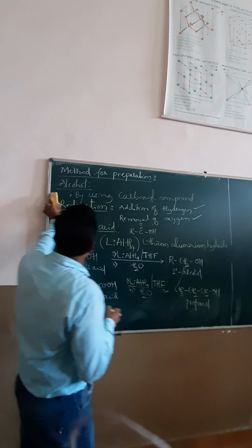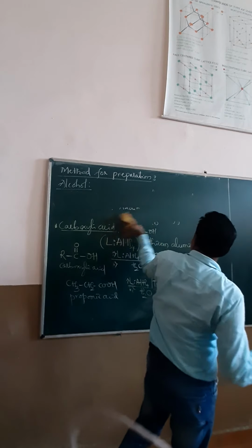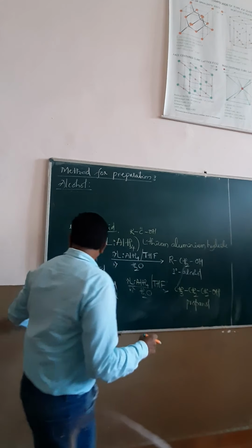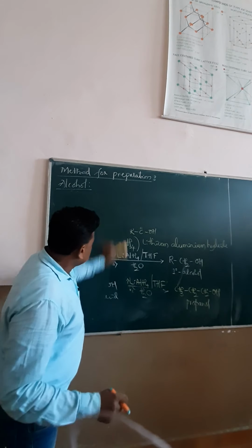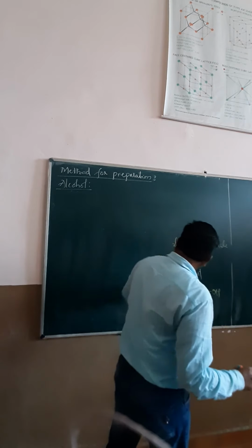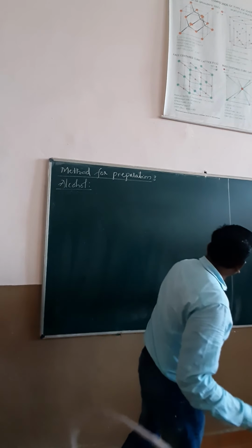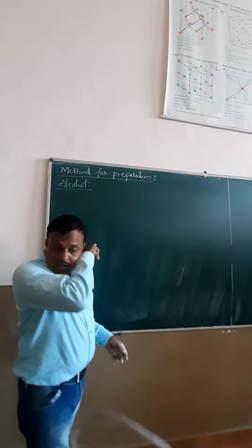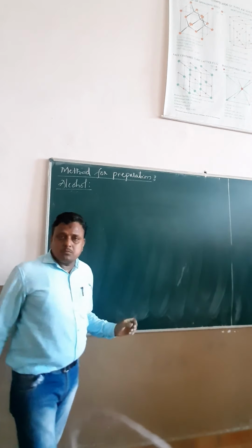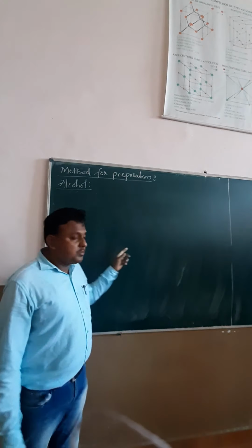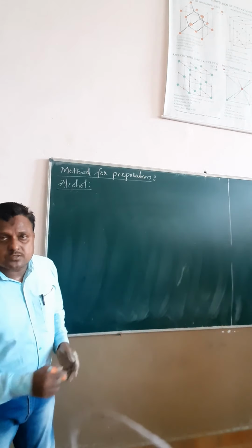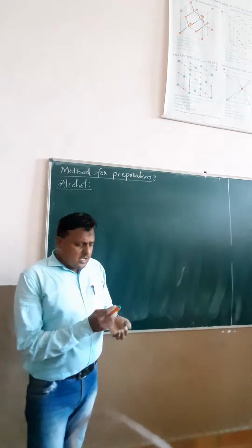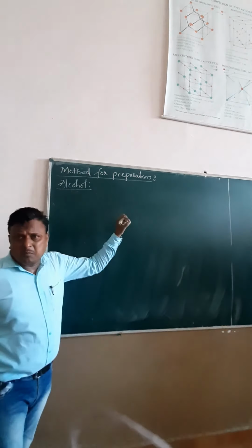First we started today's class with preparation of alcohol from alkyl halides by using aqueous alkalis, and then reduction reaction of carbonyl compounds by suitable reducing agents, either lithium, palladium, nickel catalyst, or lithium aluminum hydride. These are simple preparations.